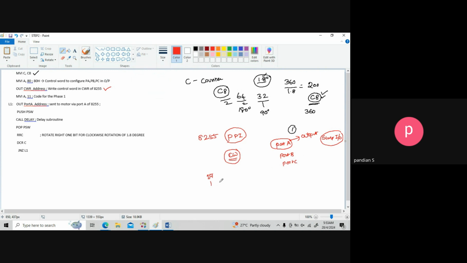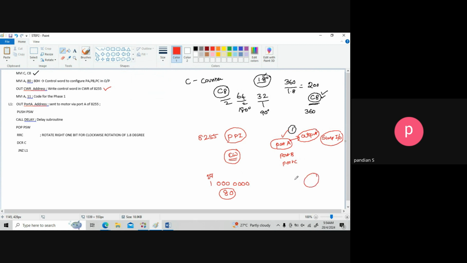Then the next bits are 0. Port A is considered as output port, so we give 0, and the remaining bits we consider as all 0. So you have to set 80H as the control word, where port A is configured as output. Our requirement is that port A is connected with the stepper motor.